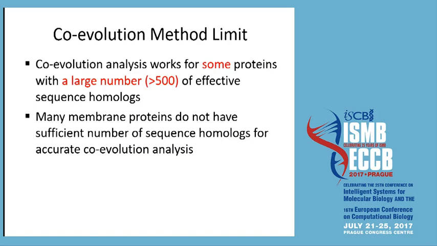Unfortunately, the co-evolution method works only on proteins with a very large number of sequence homologs. If you don't have many sequence homologs, the co-evolution method usually fails. And many membrane proteins don't have a sufficient number of sequence homologs for accurate co-evolution analysis. So we need to introduce other information to improve contact prediction for membrane proteins.